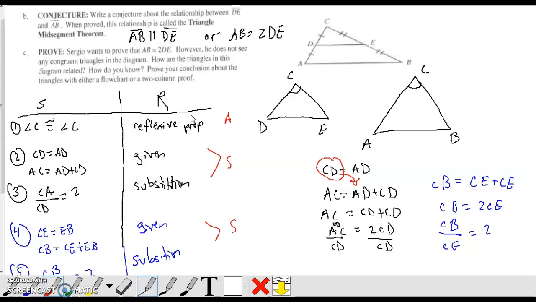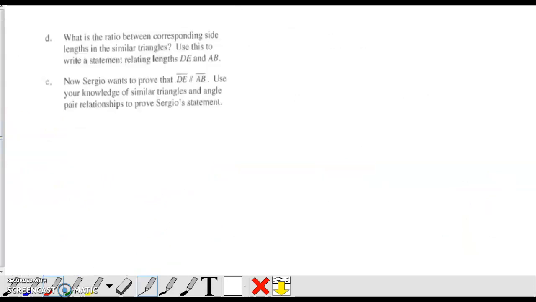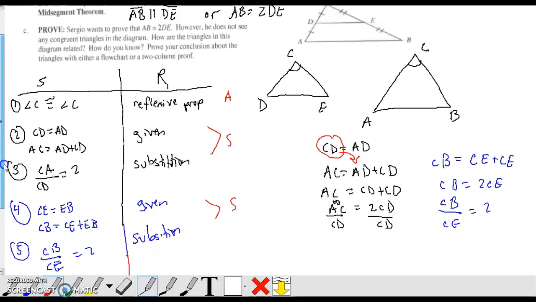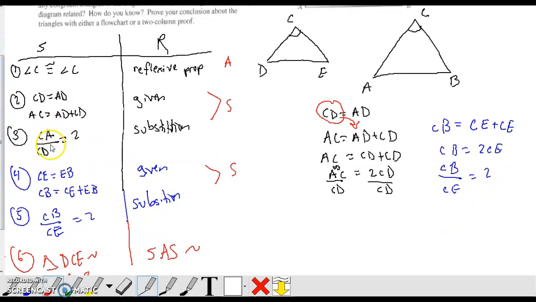Okay. So let's continue. Let's look to see what else. So what is the ratio between the corresponding side lengths of the similar triangles? Use this to write a statement relating the lengths of DE and AB. So what do we know? We know based on this ratio, CA, the larger side over the smaller length, is always equal to 2.